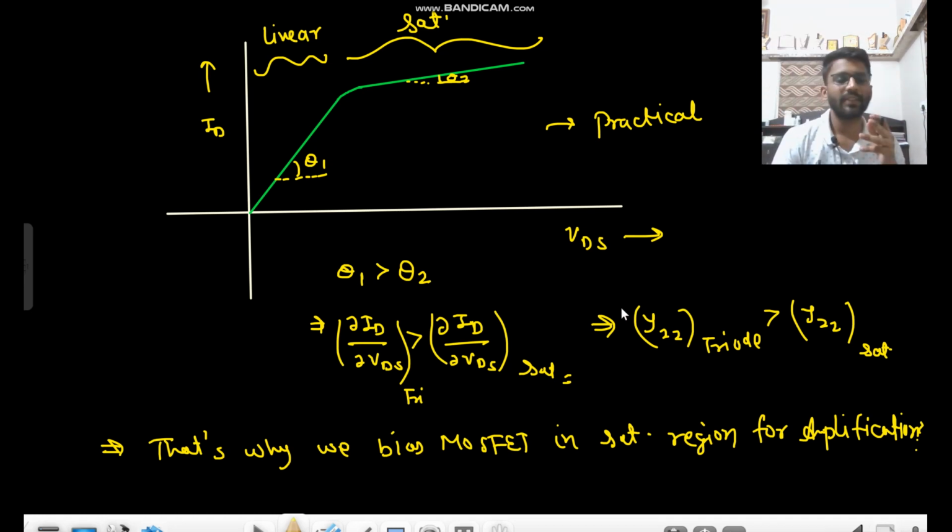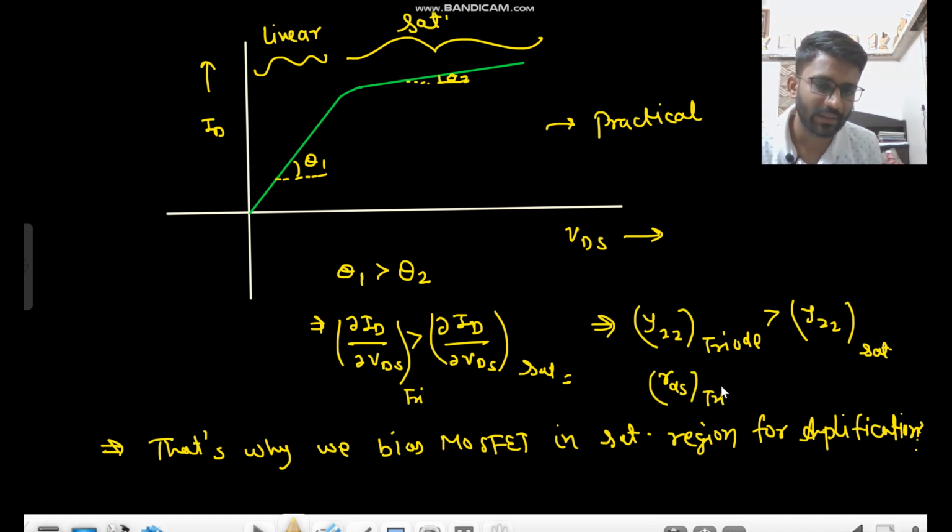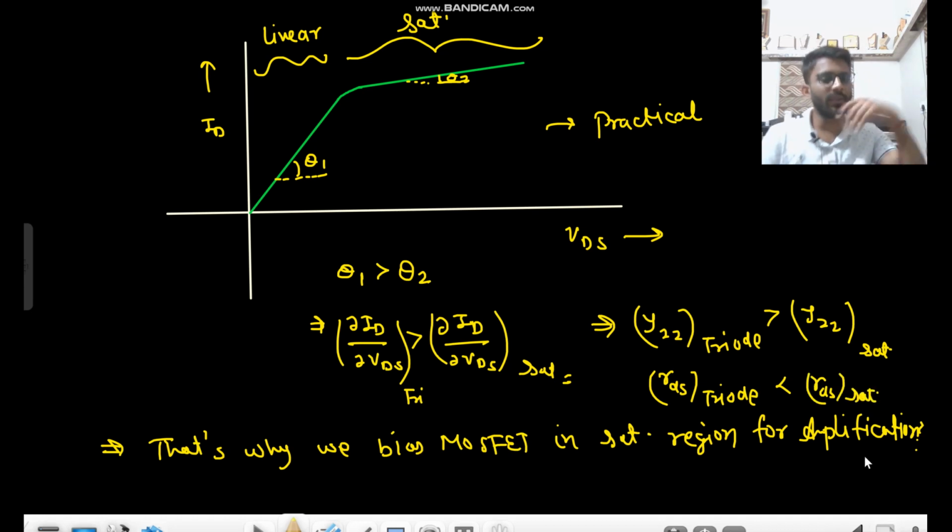If Y22 of triode region is larger, then RDS of triode region is lower than RDS of saturation region. That means the output resistance in saturation region is higher, right? If del ID upon del VDS is low, then delta VDS upon delta ID is higher.